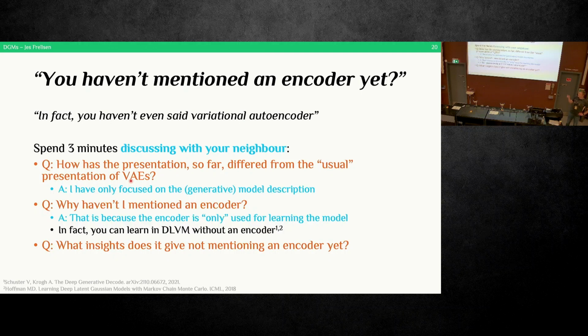And what insights does it give not mentioning the encoder yet? I think it's good to separate the model from the... Exactly. That's exactly the answer I was looking for. It decouples the model from the inference assumptions, and that's also what this whole Bayesian approach is about.